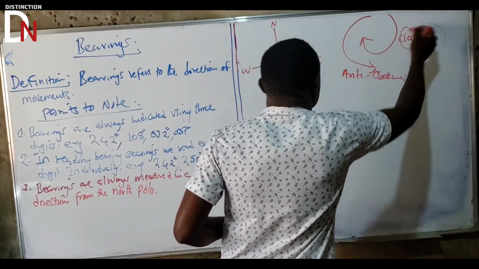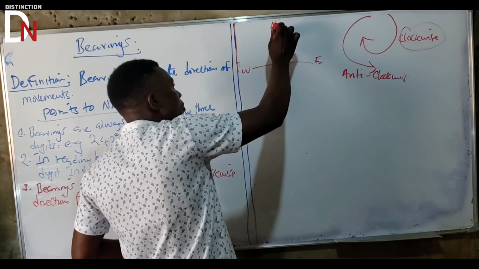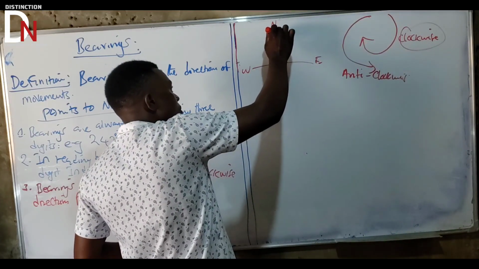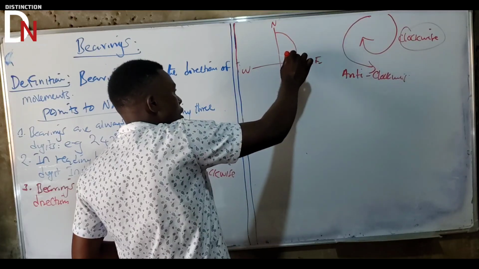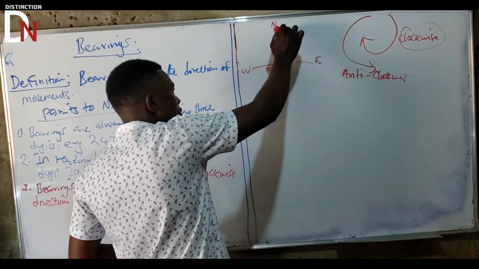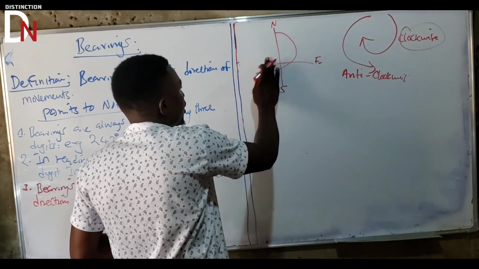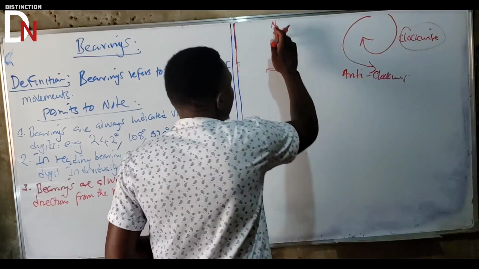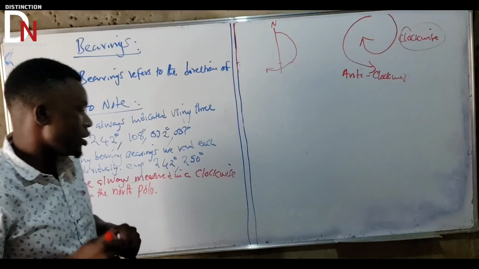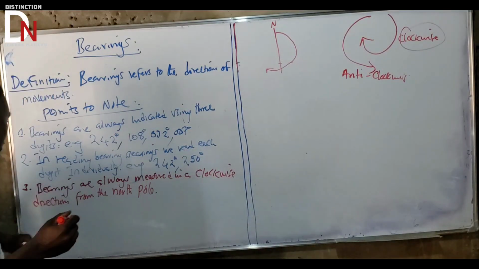But our interest is the clockwise. So when you are making a measurement, you move from the north pole in a clockwise direction. And note that our interest here is the north pole only. You're supposed to take note of that.